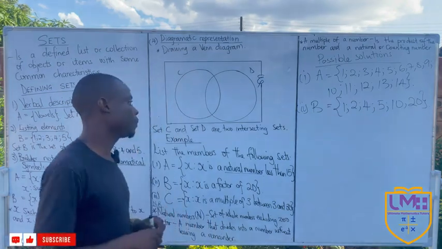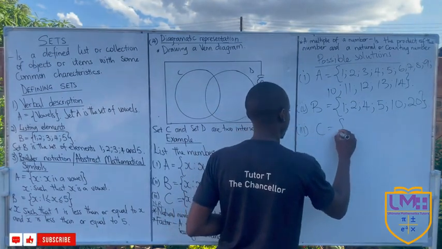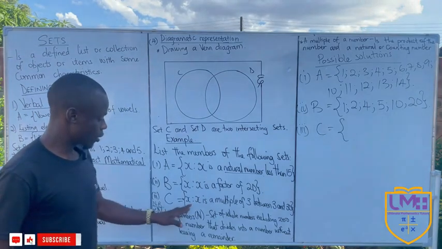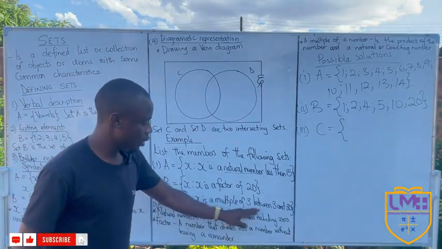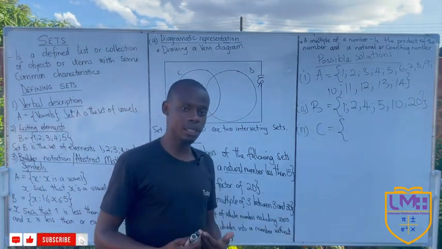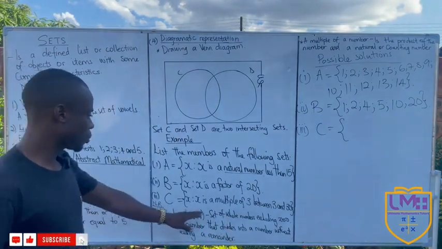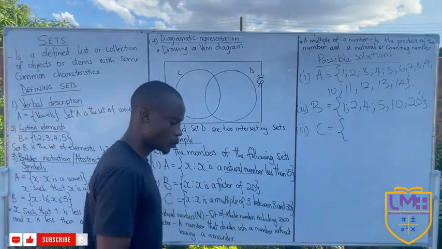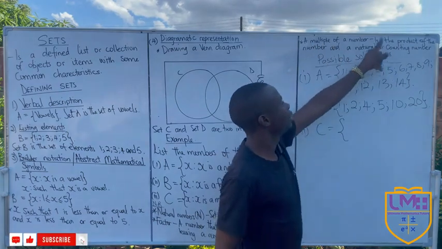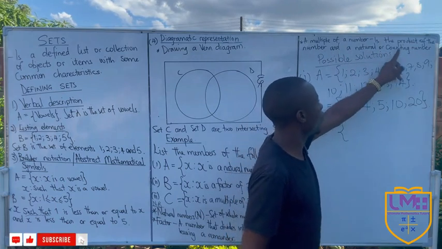Now let's list the members of set C. We are told that C equals x such that x is a multiple of 3 between 3 and 30. A multiple of a number is the product of the number and a natural or counting number.